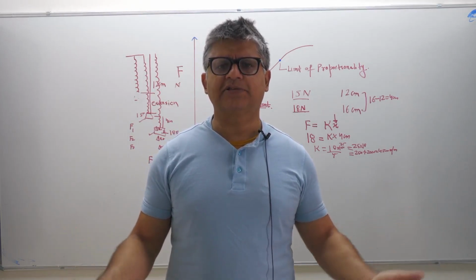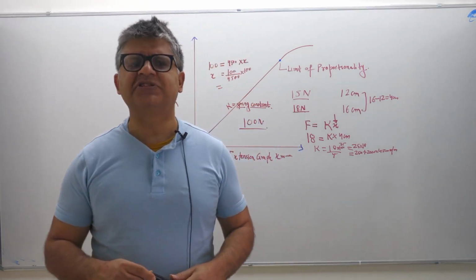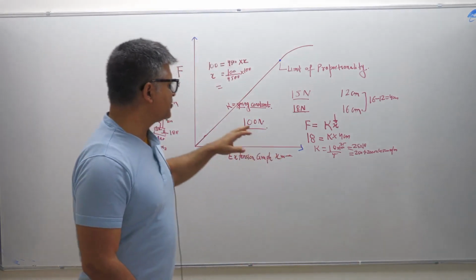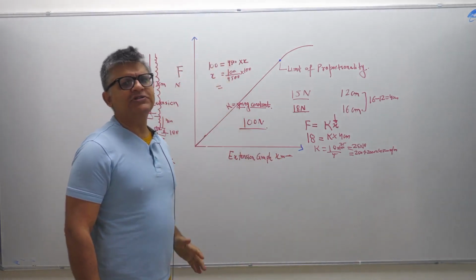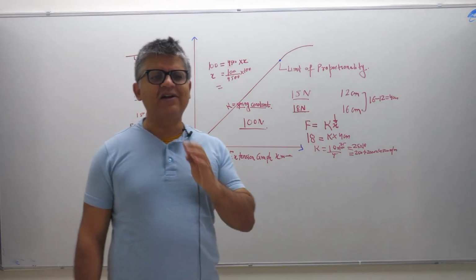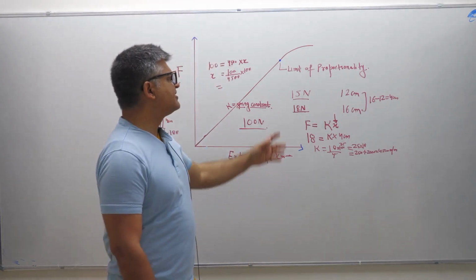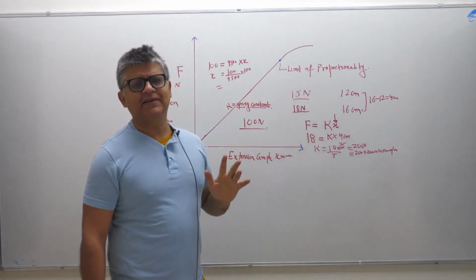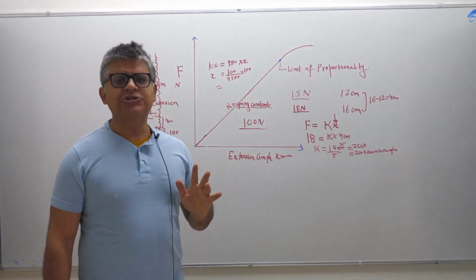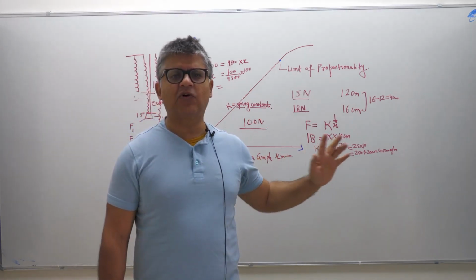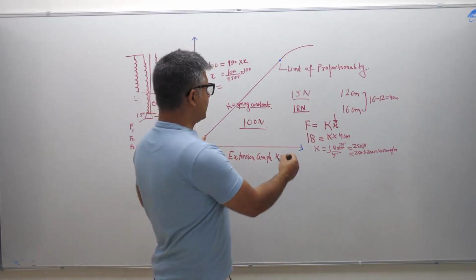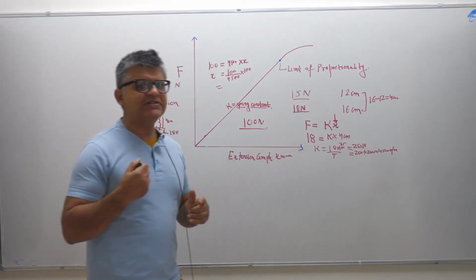Now I'm very tempted to say this. F is equal to Kx. But remember, I cannot say this. When the force is such a large force, we have to be very careful in applying the concept of limit of proportionality. In the question, it is not given whether this force of 100 newtons lies within the limit of proportionality, but I can always comment.